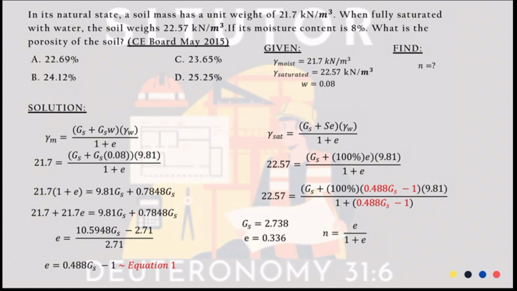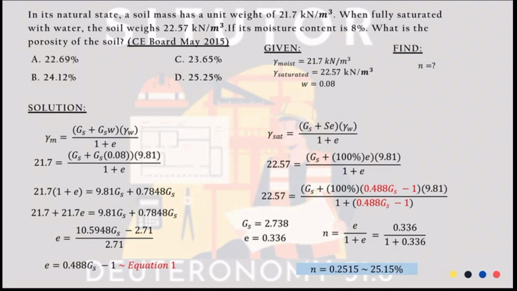So, substituting E, 0.336 over 1 plus 0.336, we can get 0.2515. We can times this to 100%. Thus, we can get 25.15%, which is letter D. And that is the final answer.